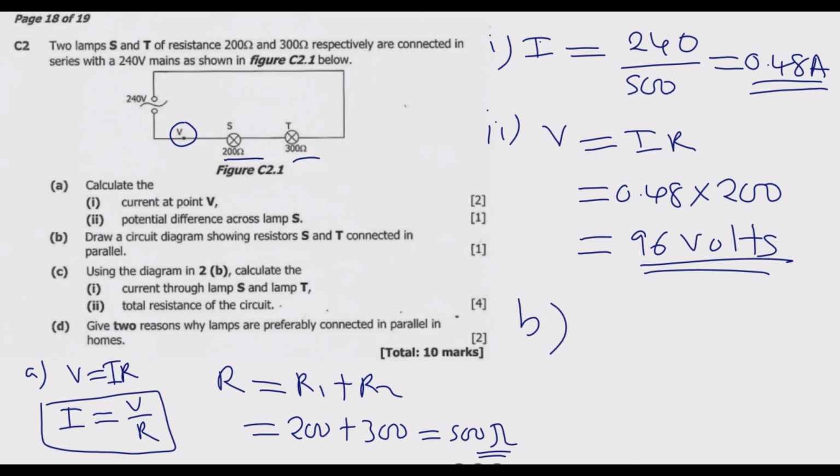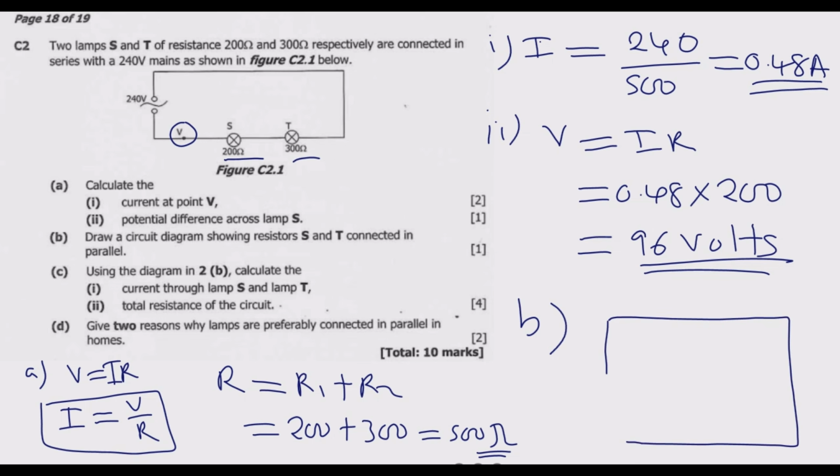Question B says, draw a circuit diagram showing resistors S and T connected in parallel.